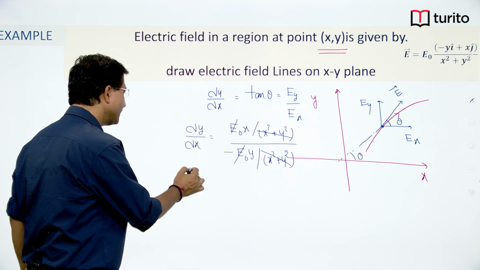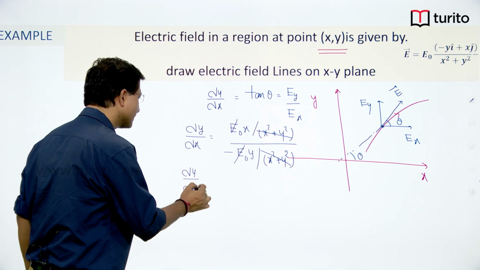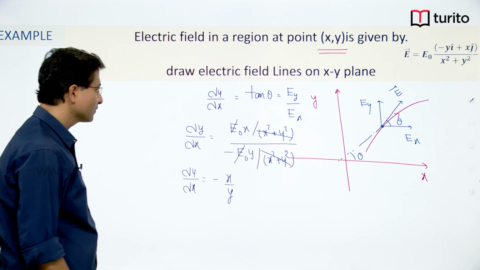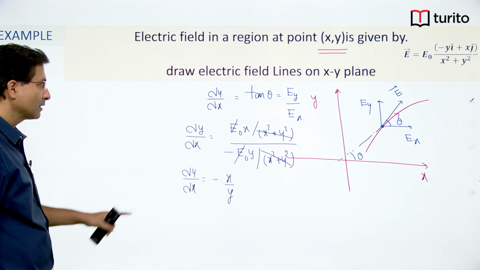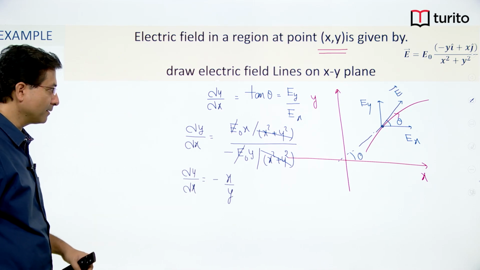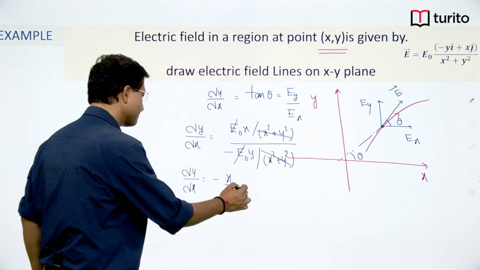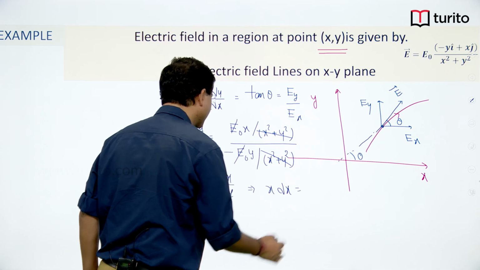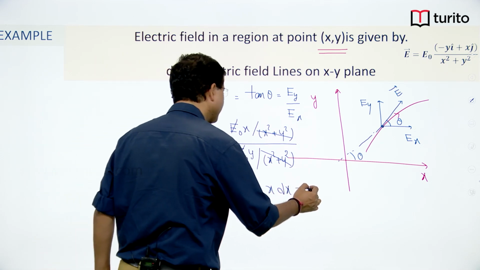So, dy by dx what we are getting is minus x by y. If I just simplify, this can be written as x dx is equal to y dy with a minus sign.